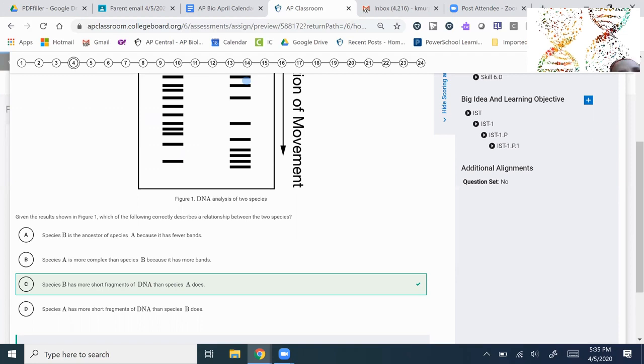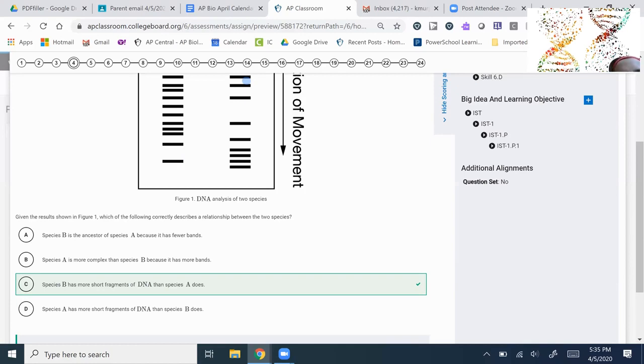The small fragments move farther than the large ones, right? And so remember, DNA is negative, so it's going to go to the positive pole. So let's keep those things in perspective and in the back of our minds when we read these choices.